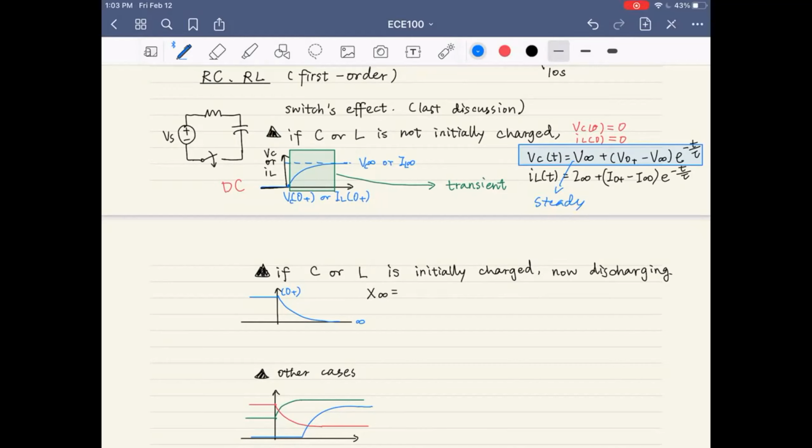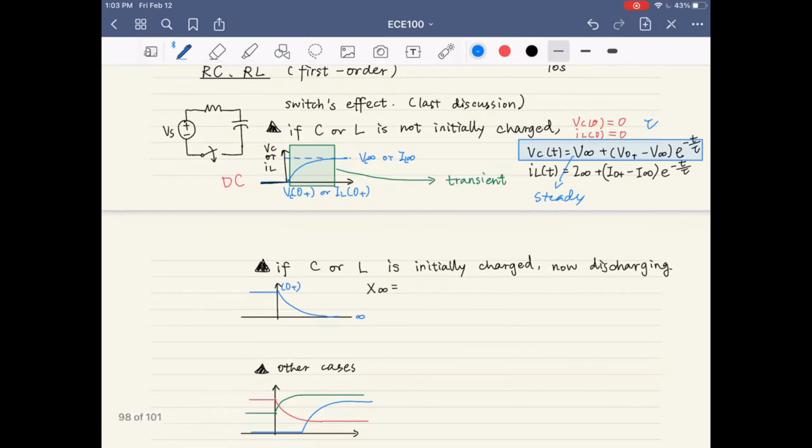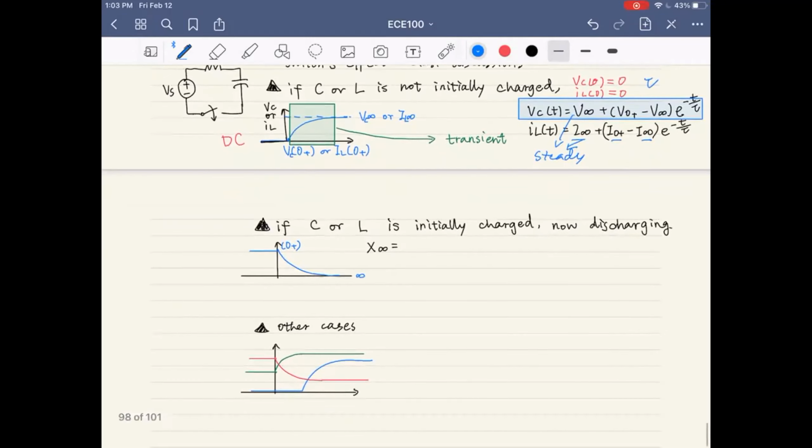And the tau here is the time constant. Similar for the current of the inductance: this is steady, this is I0, this is infinity. Because IL and VC behave in the same way, I will use X here to replace them.